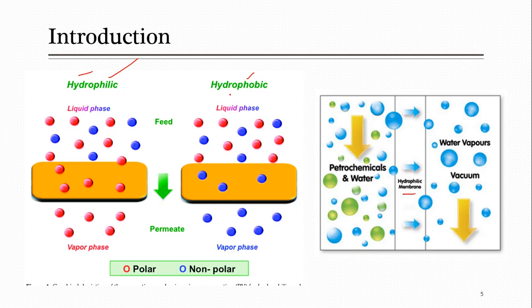In that case, the membrane will be hydrophobic if you want to repel the water away from the membrane, but if you want to pass water through the membrane, you will prefer a membrane which has affinity for water. In both cases, the feed enters, passes through the membrane, and on the other side is converted to vapor. Again the same phenomenon applies, and you will be applying vacuum.